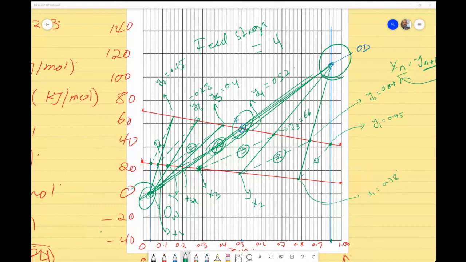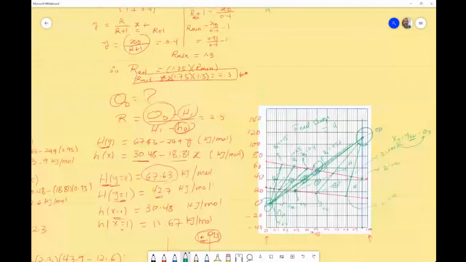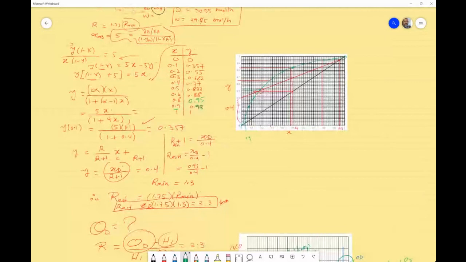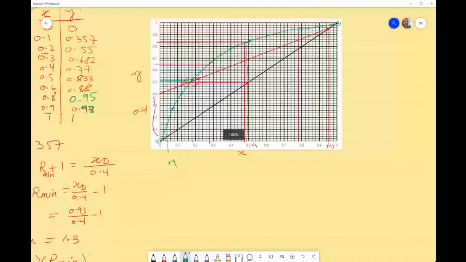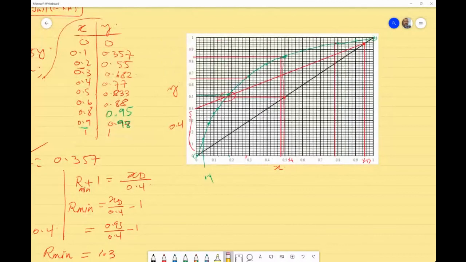So now if you want to, for example, go back and solve the problem based on just the McCabe-Thiele method, you can do the same thing. You can go back to here. Since you know the flux ratio, you can delete all of these points here. I will do it since we still have some time.